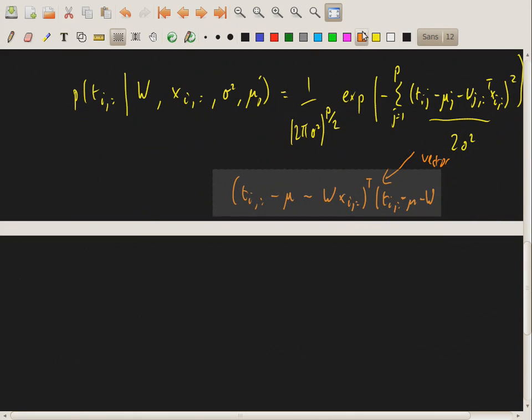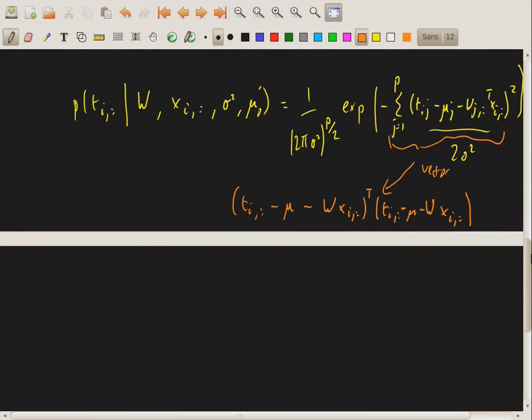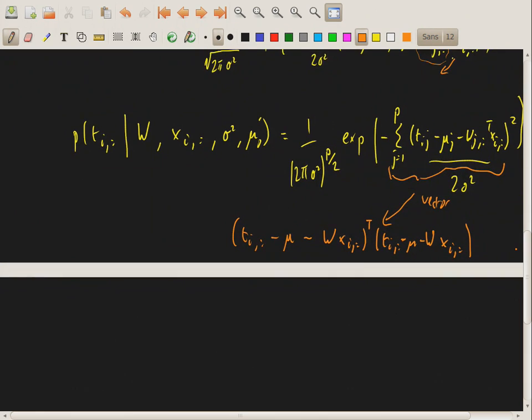Minus X_i colon. So this is just the vector form of that bit there, yeah? And we always need it in vector form to do our integral nicely. Everyone follow that?